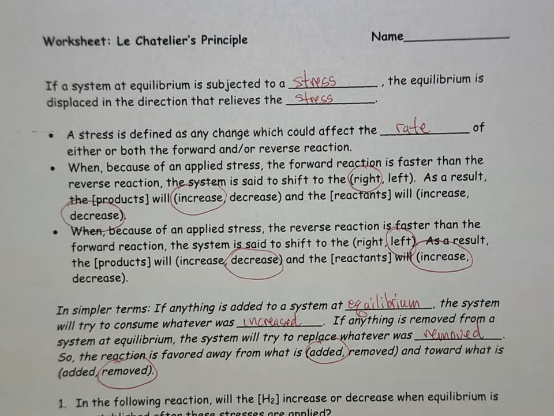What we're going to do now is go over a series of situations, and you can see how to answer the questions, and then that'll help you with the other paper that was handed out.